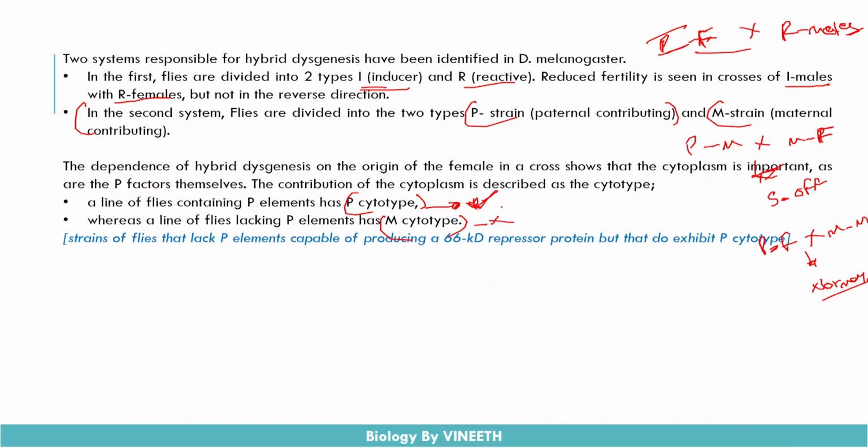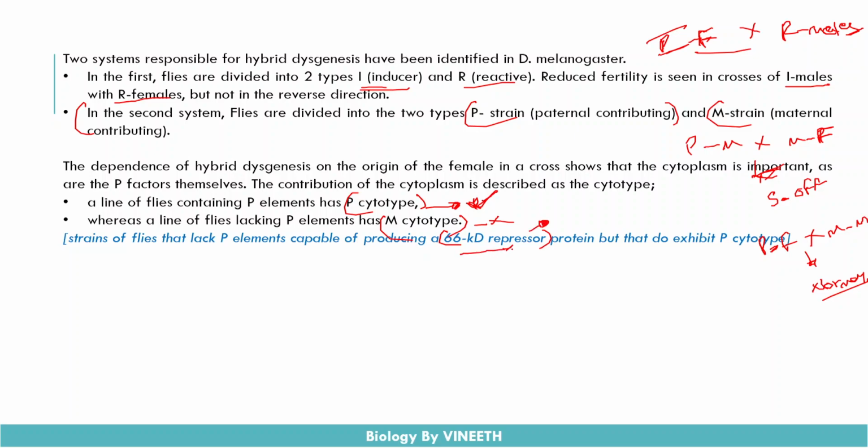Strains that lack P elements are capable of producing a 66 kilodalton protein, which is actually a transposase enzyme, but this transposase enzyme is not in the active form. It is in some other malfunctional form, and that abnormal function gives a repressor activity.